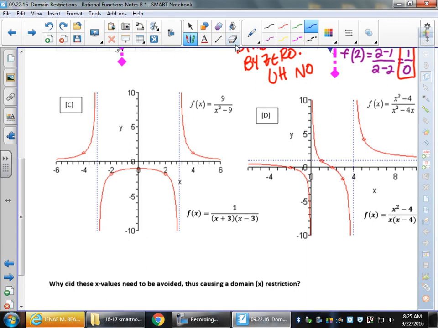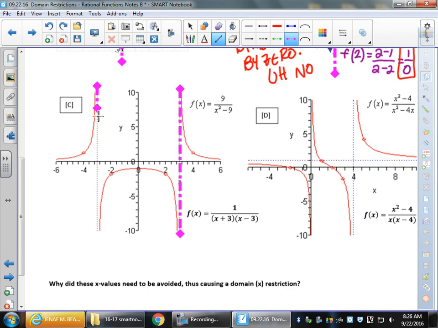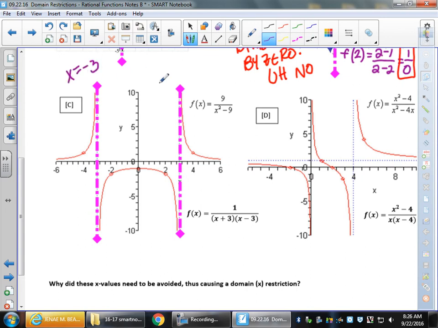What 2 vertical lines do we seem to be avoiding here? Where are they located? 3. So x equals 3 is 1. Where's another one? Interesting. Now we have 2. We have 2 x values that we're avoiding, not just 1. So here we're avoiding negative 3, and here we're avoiding 3.